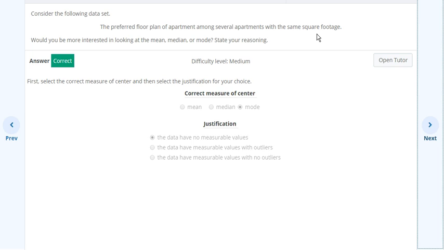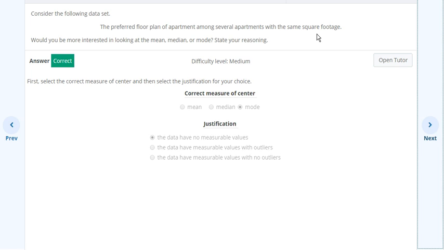And then would you be more interested in looking at the mean, which would be the average? Well, if they all have the same square footage, the mean is the same. The median, that would be the same, or the mode. Now, the mode is the thing that would be most common, and you want to state your reason.